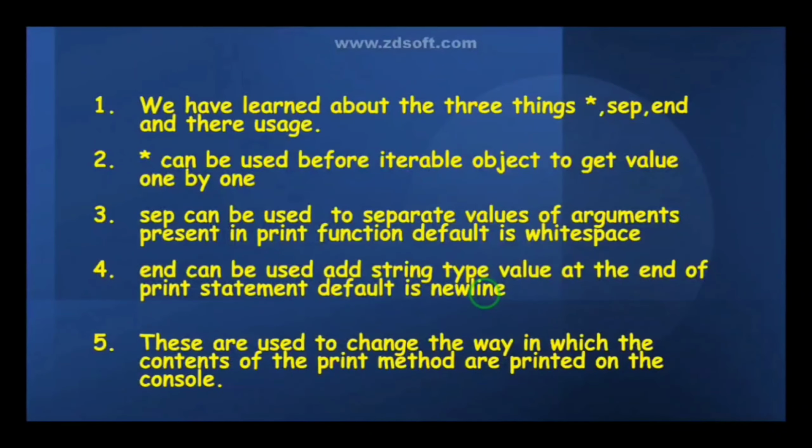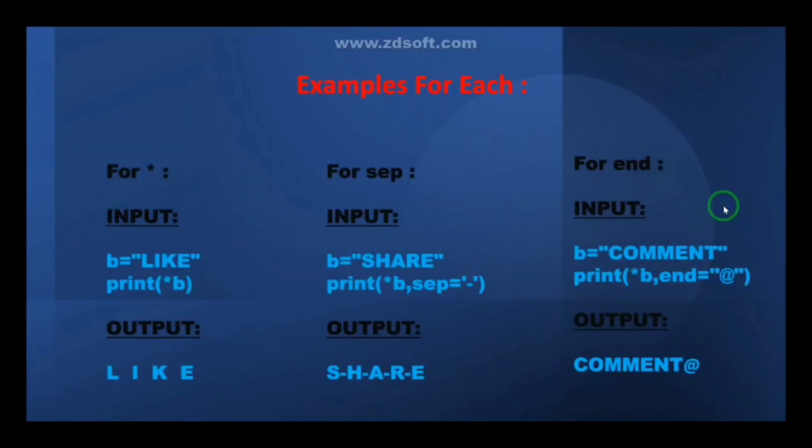These are used to change the way in which the contents of the print method are printed on the console. Simply I can say that using these three operators, you can modify the output statement as you like. I am giving references for each example: for star, that is asterisk, and for separator and END also.